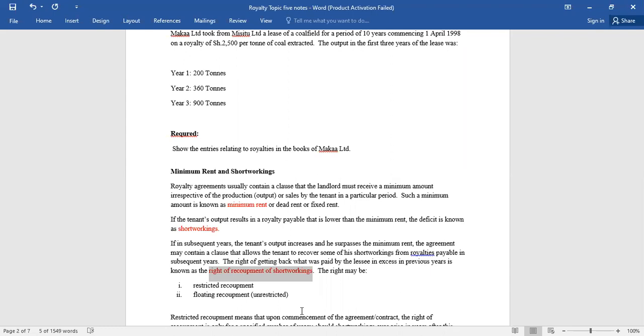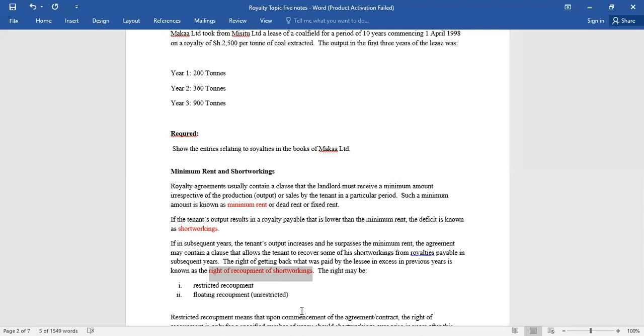Now, under the floating rights, or what we are calling the unrestricted, the recoupment clause will allow the tenant to recoup the shortcomings in any later year, irrespective of the year in which the shortcoming arose. So in this case, it's not restricted. It's very unlikely that you are going to get that kind of a lease unless the landlord is not in any business.